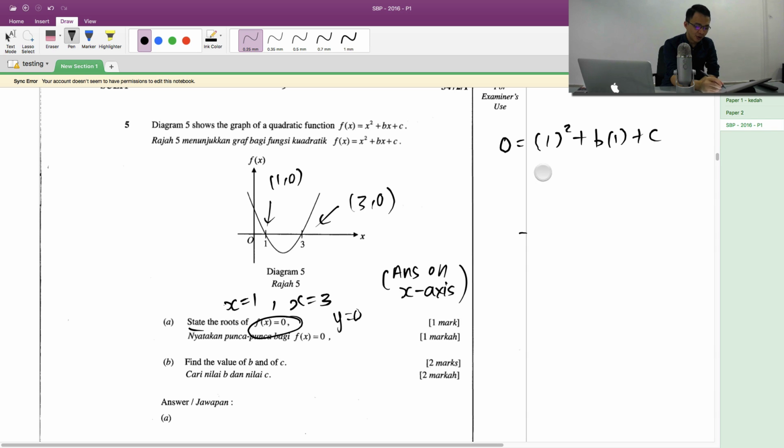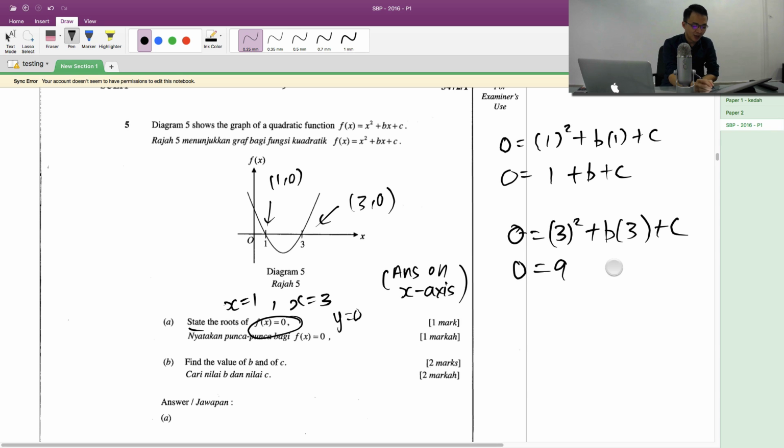So I get 0 equals 1 plus b plus c. I can leave it like this, it doesn't matter. Then I substitute the second coordinate into here: 0 equals 3 squared plus 3b plus c. So this equation is 0 equals 9 plus 3b plus c.